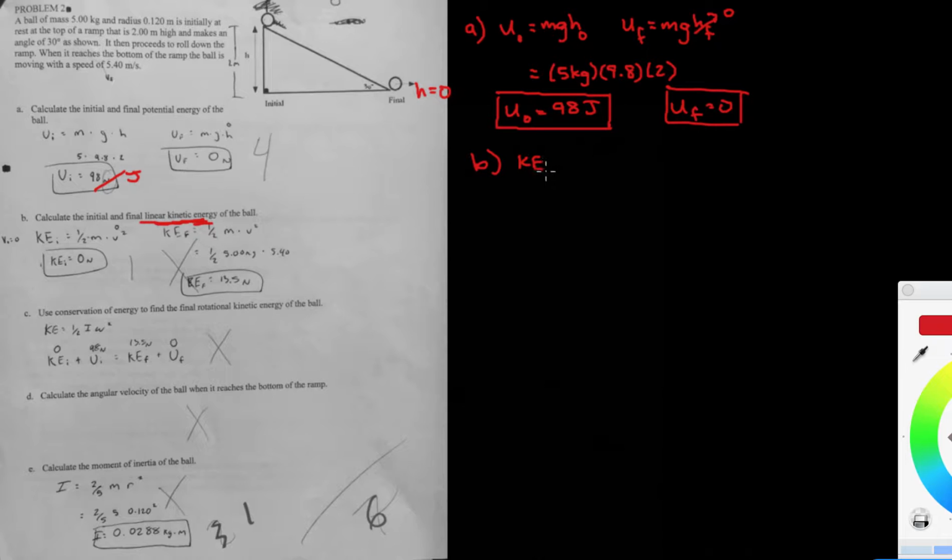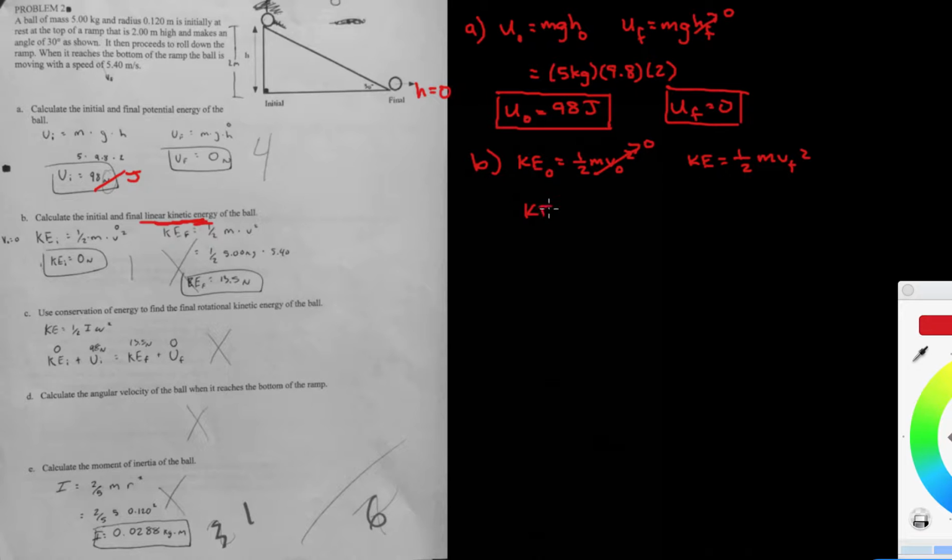Part B. Calculate the initial and final linear kinetic energy of the ball. So the initial kinetic energy would be equal to 1/2 mv initial squared, and the final kinetic energy would be equal to 1/2 mv final squared. It says it starts at rest, so that's 0.